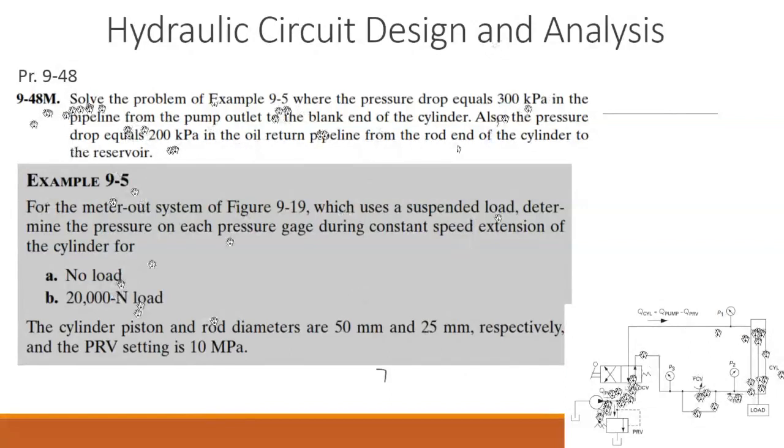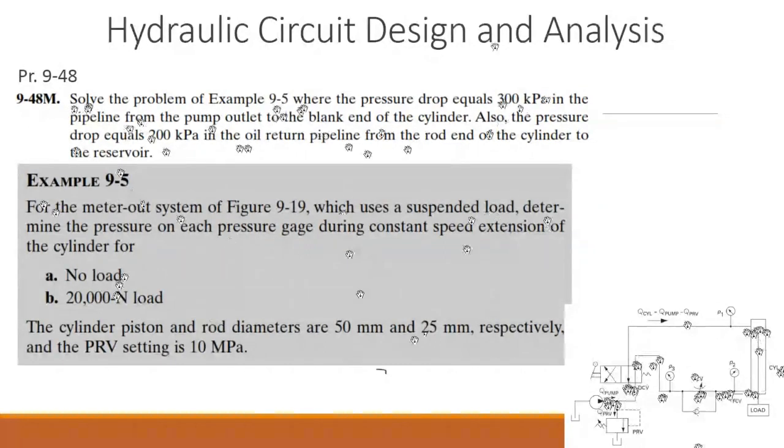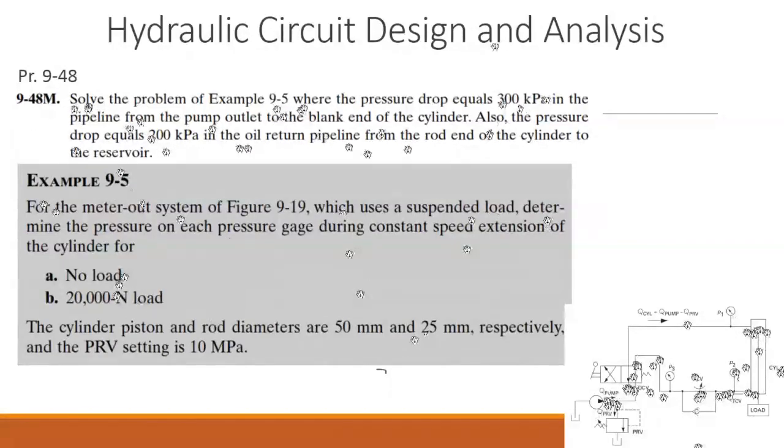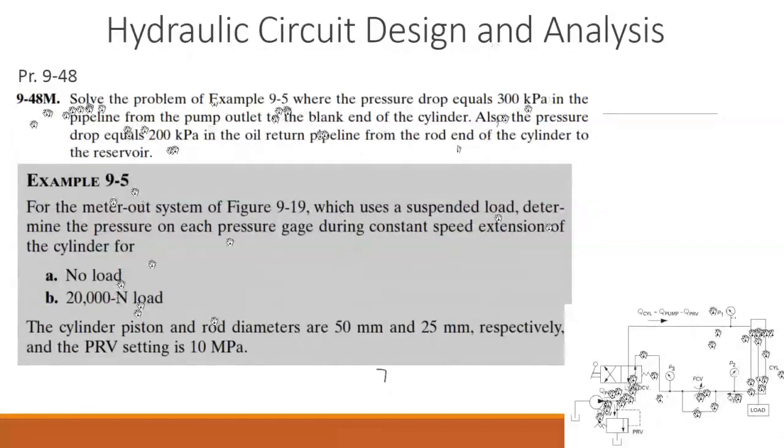So it needs to be maintained and suspended at this location. This is important. Determine the pressure on each pressure gauge. We have three pressure gauges, 1, 2, and 3, and we need to find the pressures at all three. One at the blank end, one at the rod end, and one after the flow control valve.